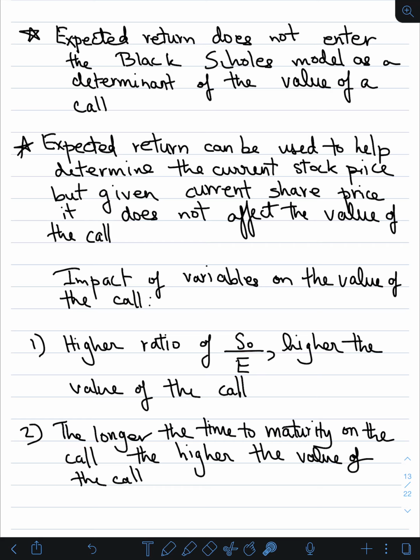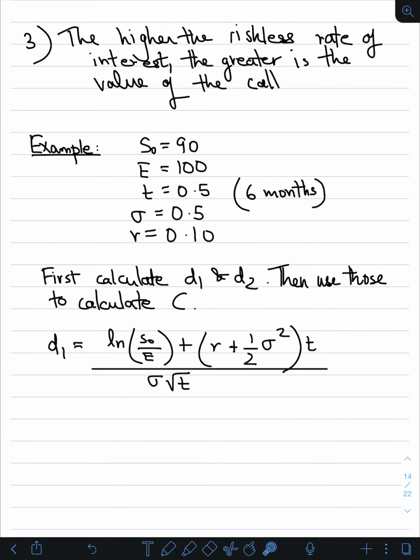Let's say the expiration date is tomorrow and you're at $45, versus the expiration date is a month away and you're at $45. In a month, there is still a higher probability of you crossing 50 from 45 than crossing 50 from 45 tomorrow. So the longer time that you have until maturity, the higher will be the value of the call.